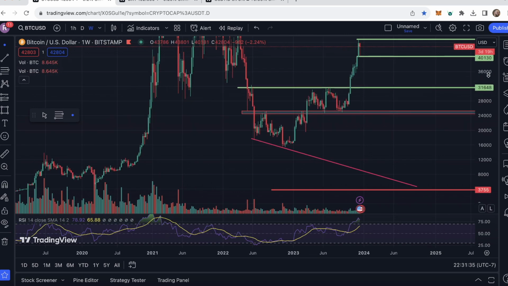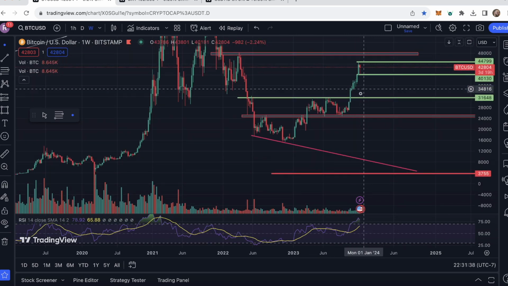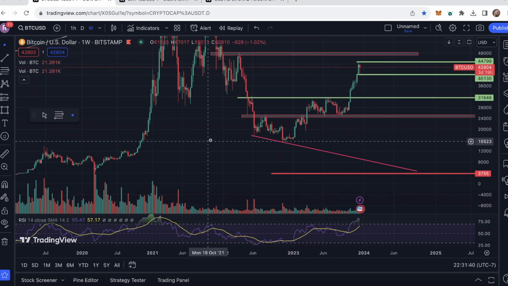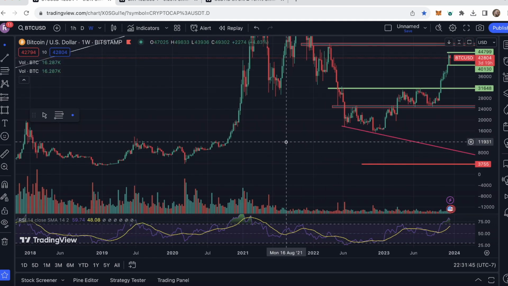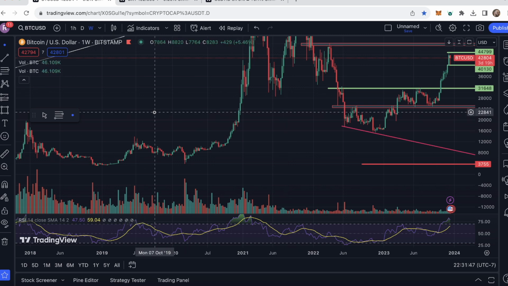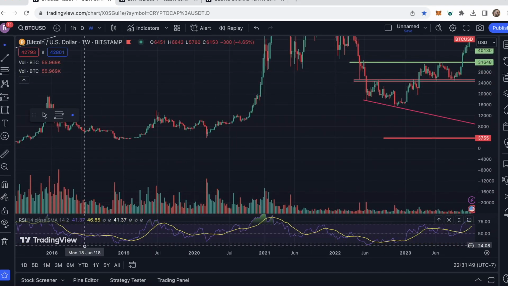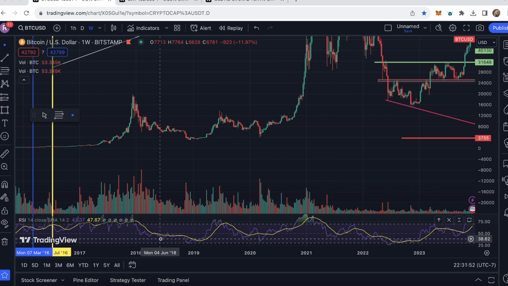I know everything shows green candles, everything is going up. ETF is probably going to be approved soon, but I really want you guys to be realistic here. Economy is bad. I don't care if the government comes in and does not raise the rate, it pauses for a couple of months. I don't care about that.